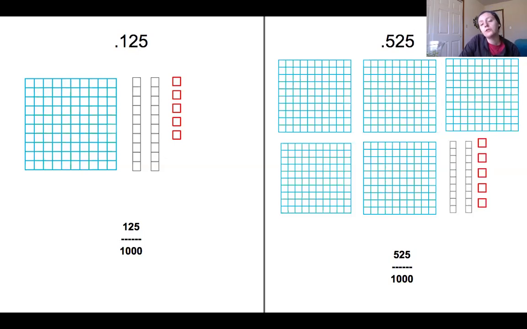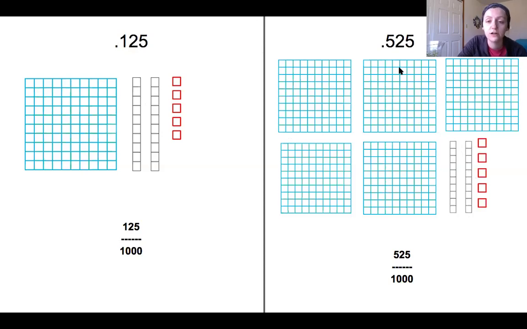After you draw them out, you have to look at them and say which one has a greater value, which one has more tenths. Or if the number of tenths is the same, then we're going to see which one has more hundredths. One way that I like to compare decimals like this is I start by looking in my first place. Which is greater in the tenths place, 1 or 5?